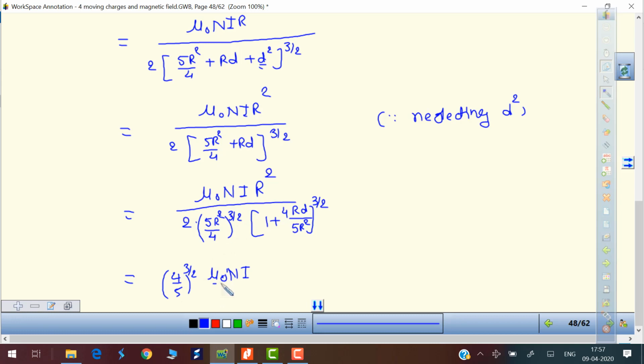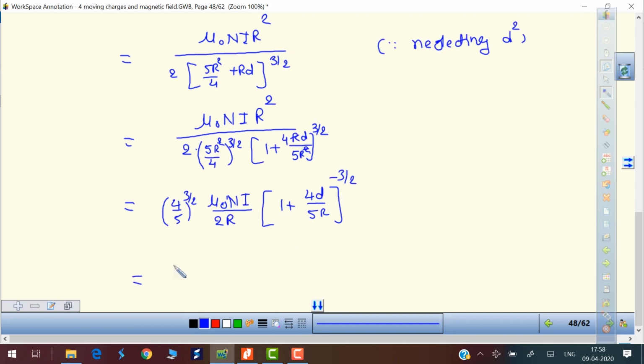This r is there, yes, so it is 2r. It's fine. Then this is going up, so it becomes 1 plus 4d upon 5r, raised to minus 3 by 2. So this is 4 by 5 raised to 3 by 2, mu 0 n I upon 2r.